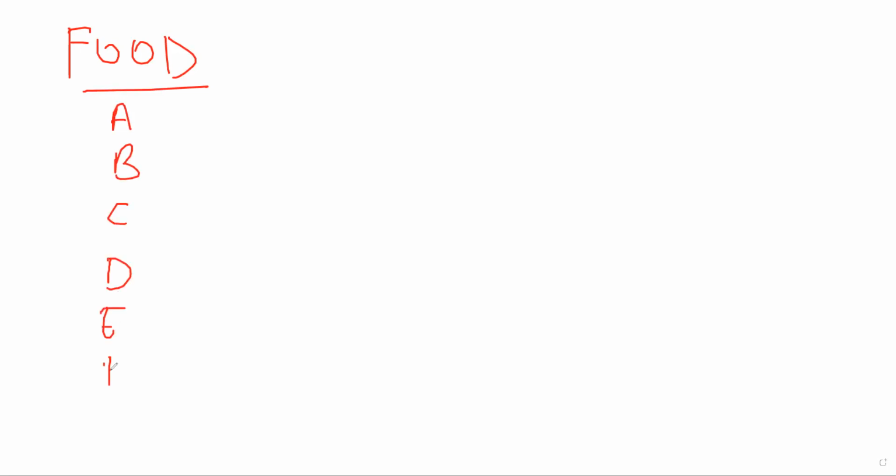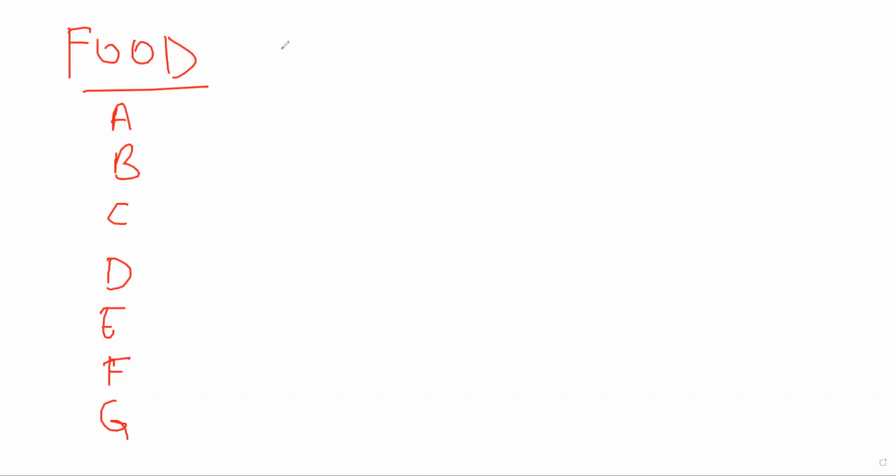Let us suppose I put those food items like this. Whatever food they are eating, A, B, C, D, E, F, and G. There are different food items A to G. Instead of writing their names, I'm just assigning one letter to them.